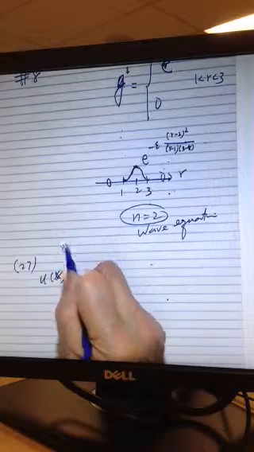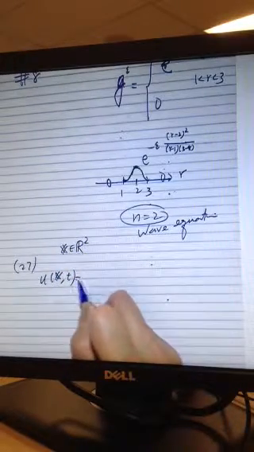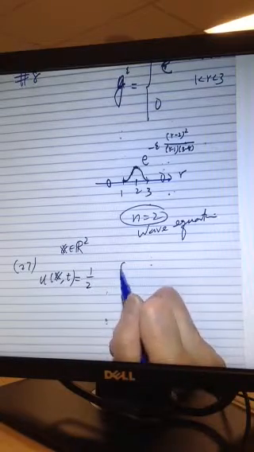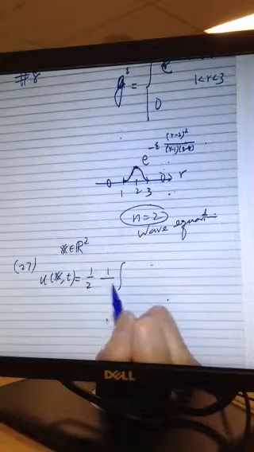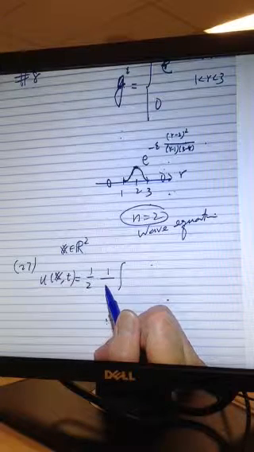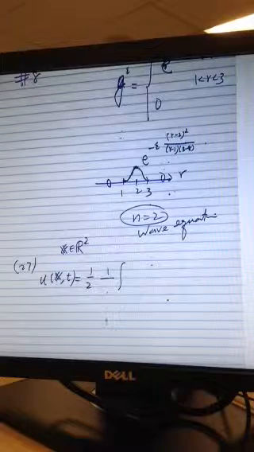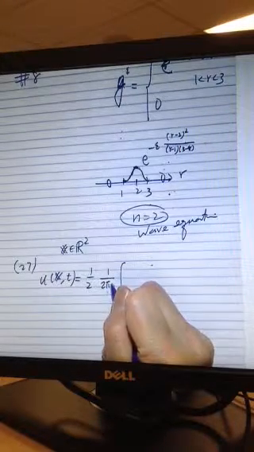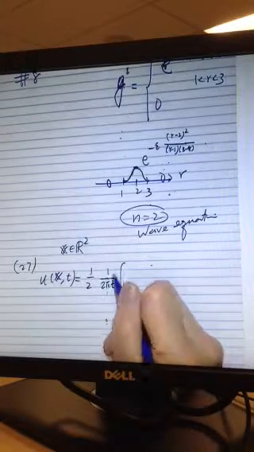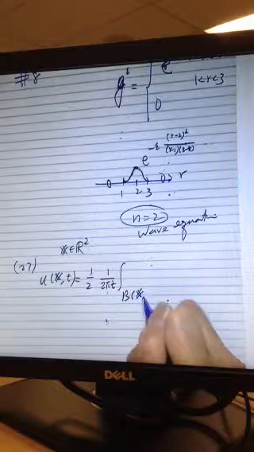Here x is in dimension 2. It's equal to 1/2 integral, now 1 over the surface area of a 2-dimensional ball. A 2-dimensional ball is really a disk, so the surface area is simply the circumference, 2 pi t. Then this v(x,t).